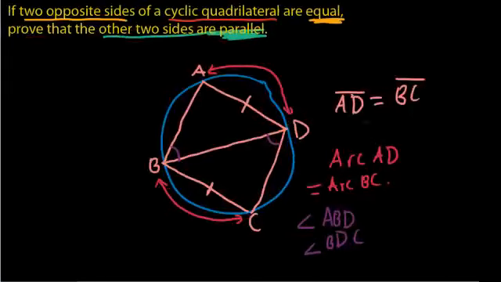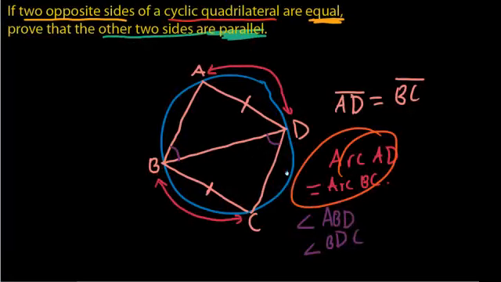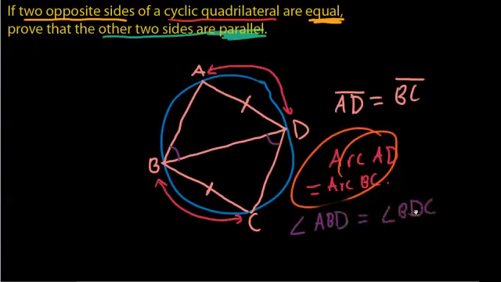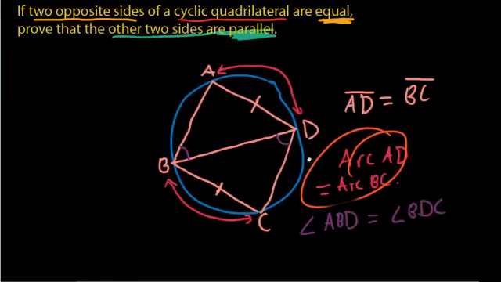Well, because arc AD is equal to arc BC, these two angles also subtend the same arc. So that means they must be equal. Angle ABD equals angle BDC.